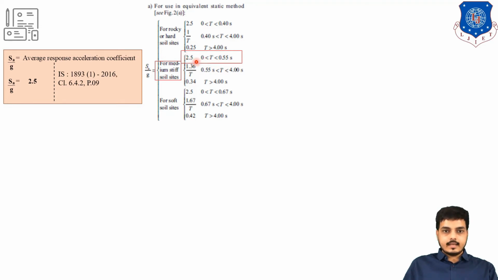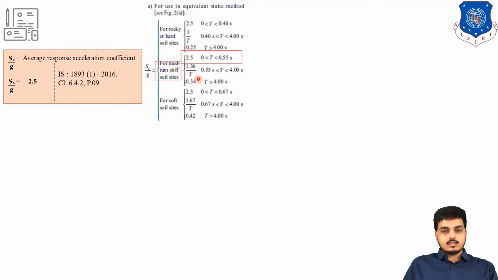I would like to explain once again that this Sa/g is for up to 5% damping. For medium types of soil, the range is given on the right hand side. You can see that there is a different range for T. Our T, which is the natural period, was 0.286, which is in between these two criteria.